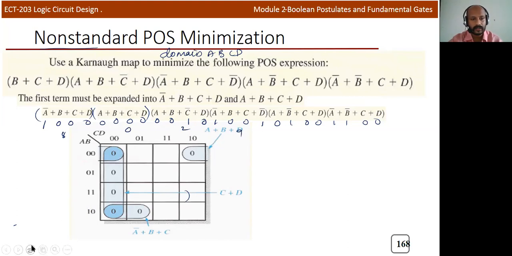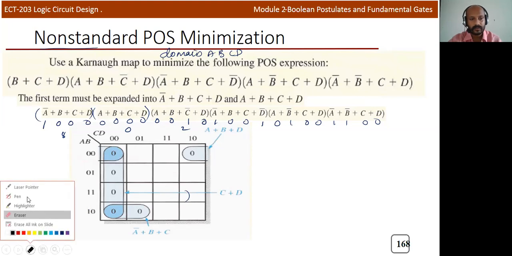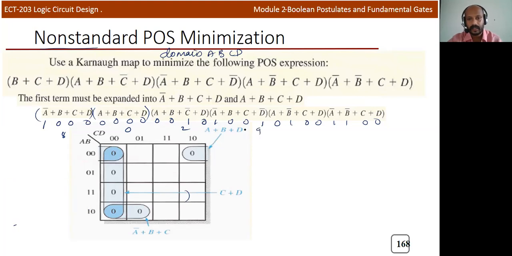This term is actually 9, this term is 4, this is 12. We can verify this: 0 1 2 3 4 5 6 7, this is 8 9 10 11 12 13 14, and finally 15.